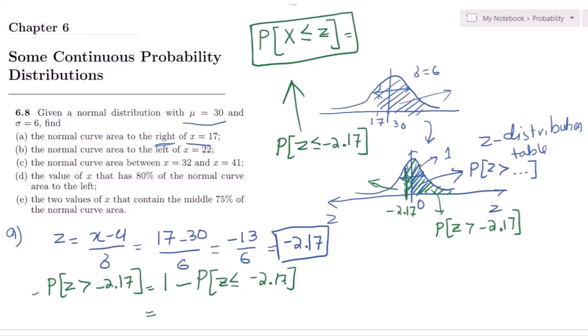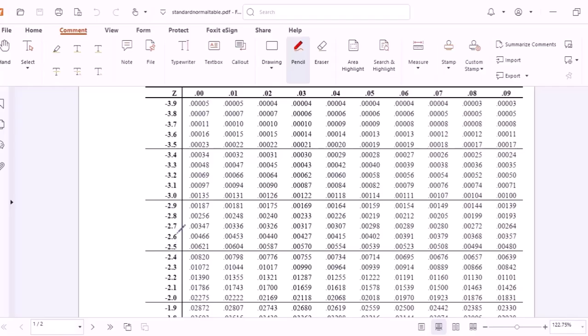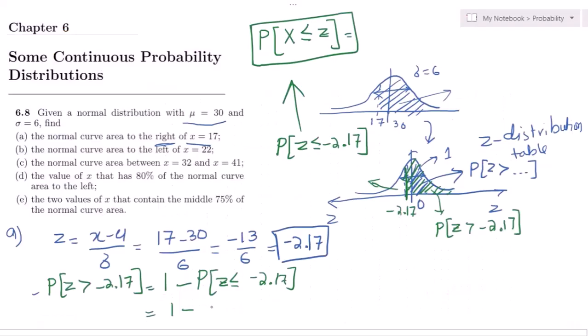Let me find out the value of minus 2.17, so let us consult our table. This is minus 2.1 in the column, and the 7 is this one, so it is 0.015.